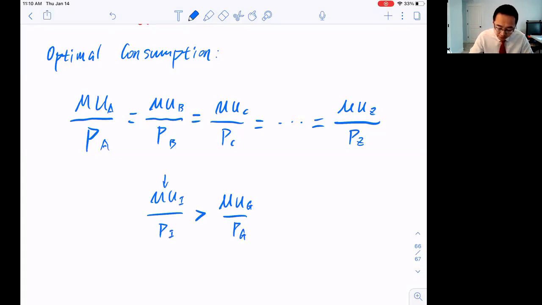Then as you consume fewer gumballs, the marginal utility of gumballs will increase. And eventually, as this happens, they will equal out, right? So when they don't equal each other, always buy more of whatever is giving you more utility. But once you reach the point where they all equal, then you have reached what we call optimal consumption, or sometimes referred to as the optimal consumption bundle.